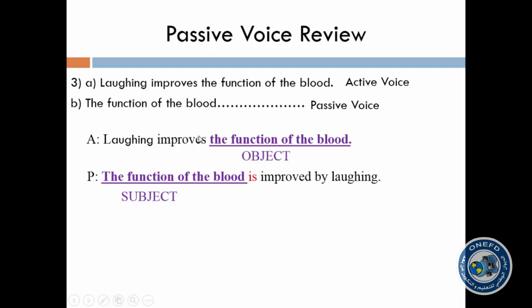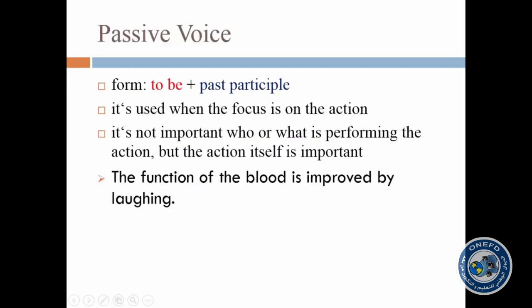Here, improves is conjugated in the present simple and is singular, so you conjugate to be in the present simple and give the past participle of the verb to improve. The next slides are just a reminder of the passive voice.